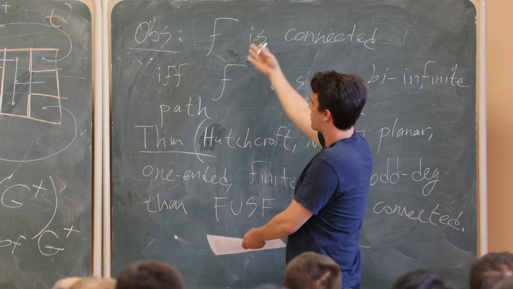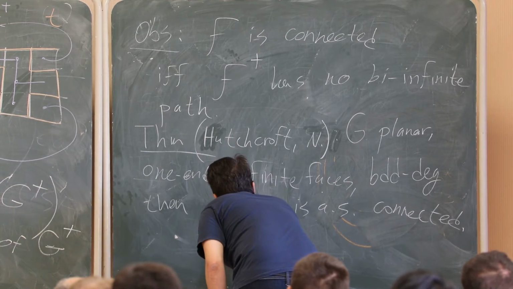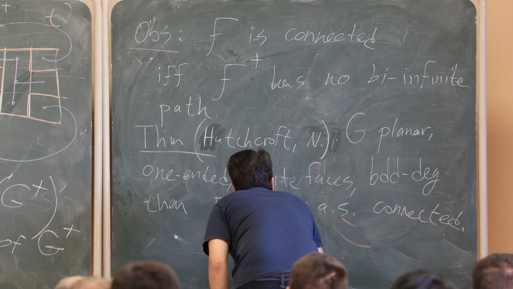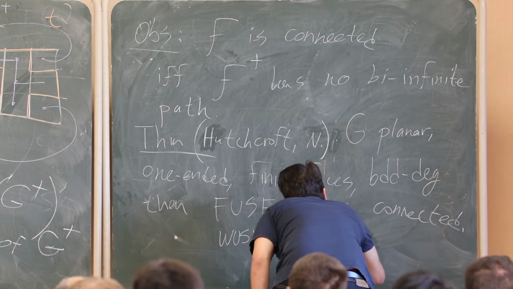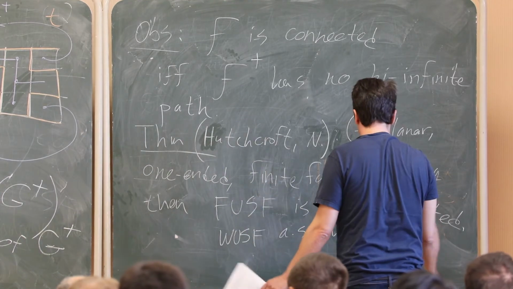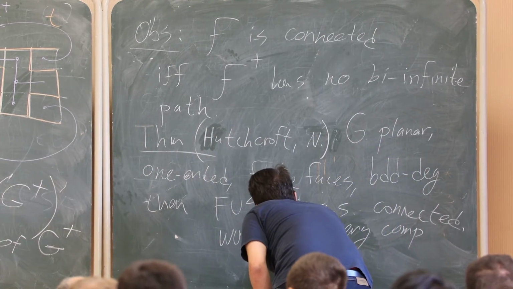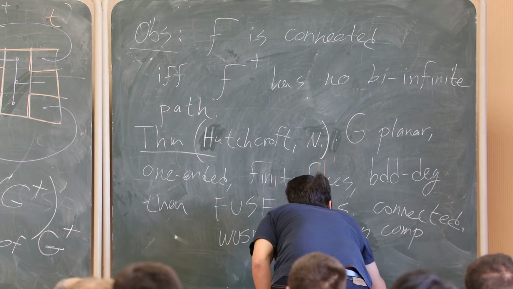And of course, by this observation, this is the same as saying that for the wired uniform spanning forest, almost surely every component, there are only infinite components, has no bi-infinite path. So let's just write: is one-ended.